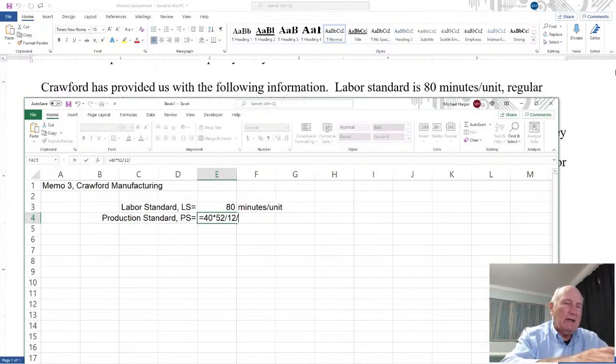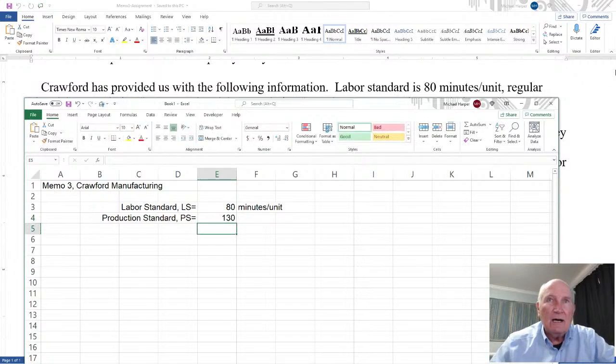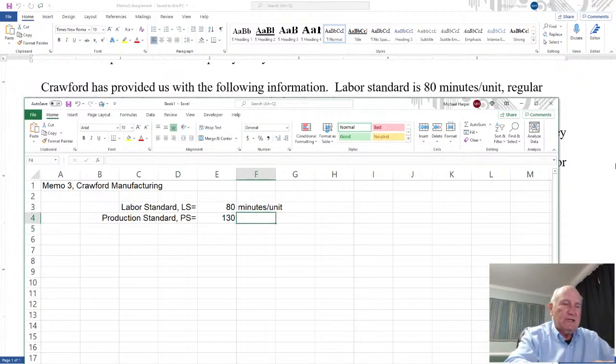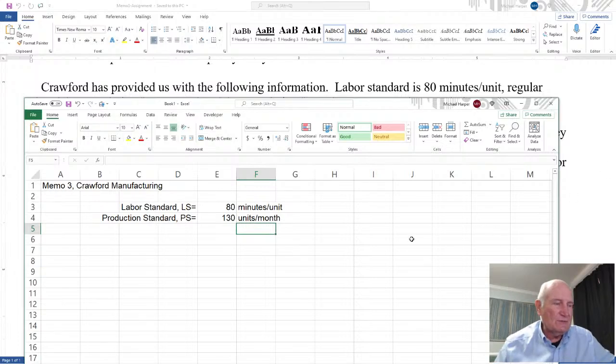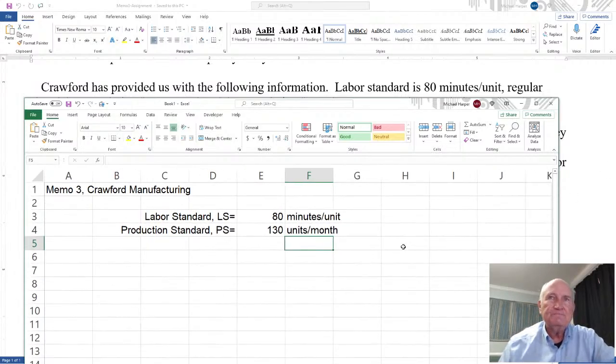Divide that by 80 minutes divided by 60 minutes in an hour to transform minutes to hours. And that's going to be 130 units per month. That's our production standard. Okay, now what's next?